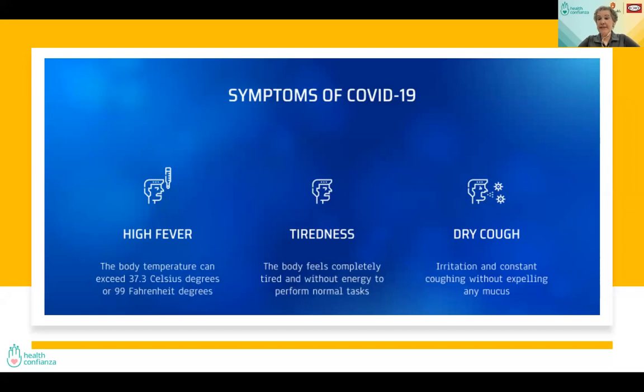And symptoms, just to be sure that everybody's on the same wavelength about the symptoms of COVID. The most common: high fever, body temperature going above 99 degrees, and tiredness, fatigue. This is what I hear in the community. Many people who have it do complain about the fatigue. And then a dry cough, not what you see or hear from allergic rhinitis or bronchitis, more of a dry cough that comes from COVID.